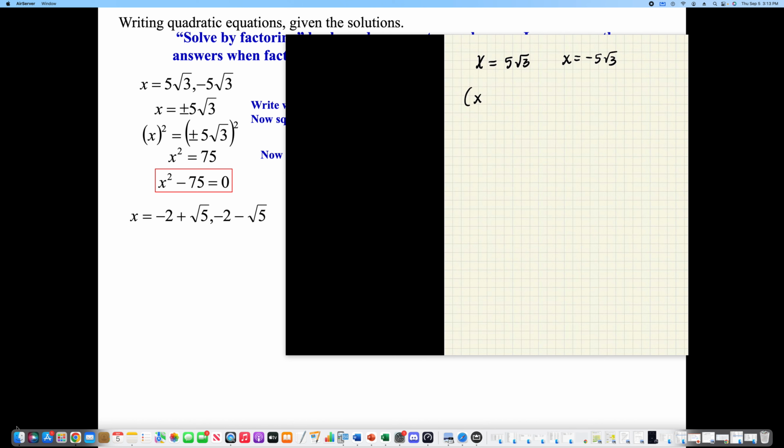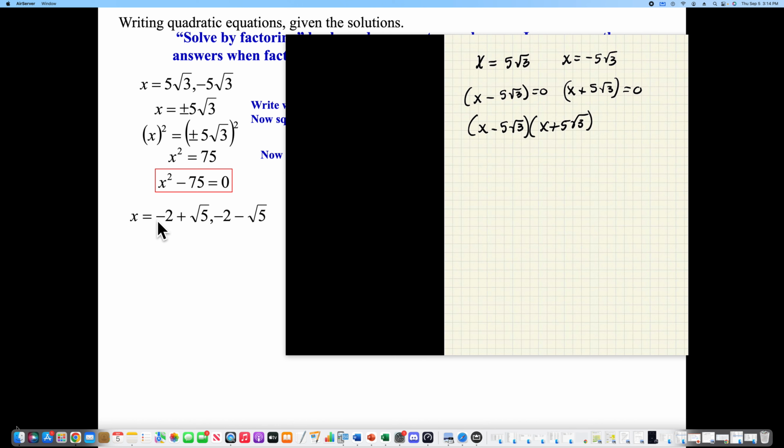Write them as binomials equal to 0. And then they want you to FOIL this out. I say no, because multiplying with these radicals gets ugly.